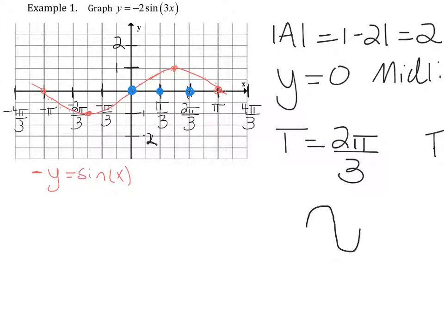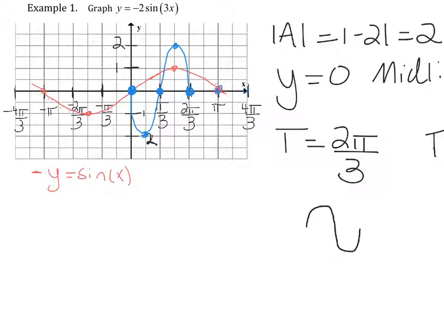at pi over 3. But it's going to be flipped upside down compared to a regular sine function with an amplitude of 2. So normally it would hit its minimum halfway between those two midlines, or its maximum there, but now it's going to hit its minimum instead. And then it's going to be reversed. So one period of it looks like this, and then I will just keep on doing that.